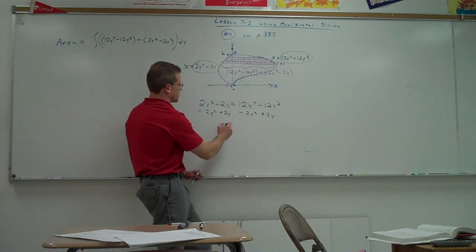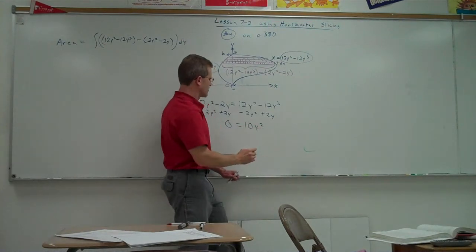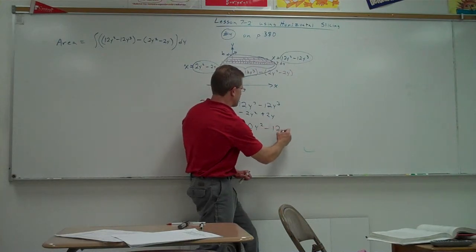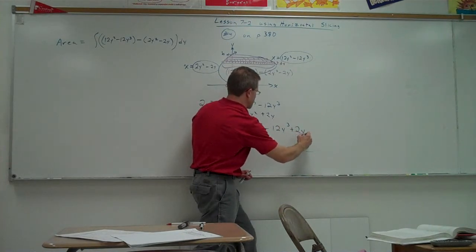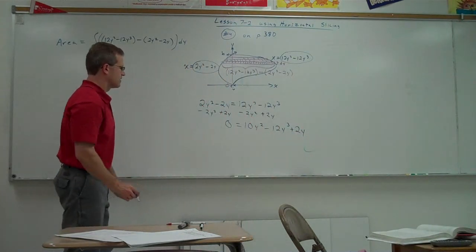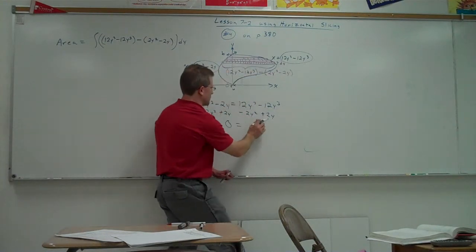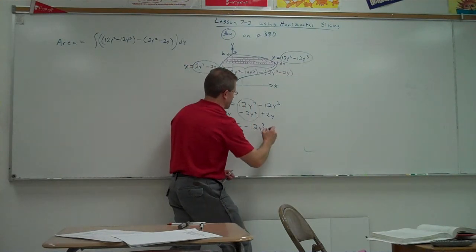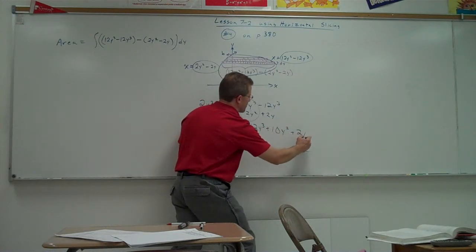It's going to give us 0 equals 10y squared minus 12y cubed plus 2y. And actually, let's rearrange those terms from highest to lowest: minus 12y cubed plus 10y squared, then plus the 2y right there.